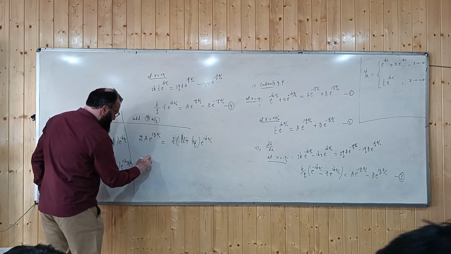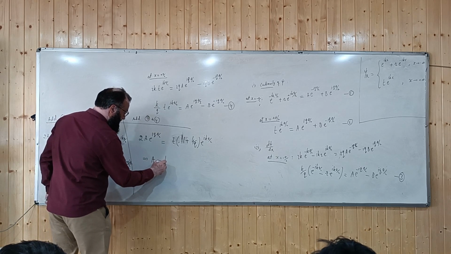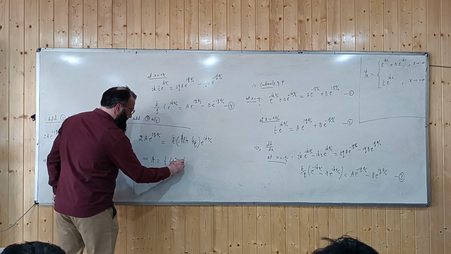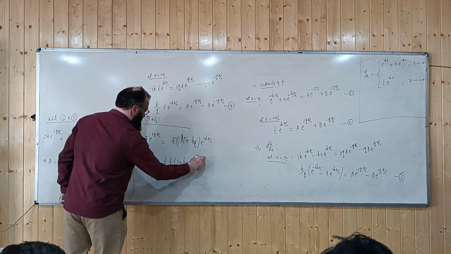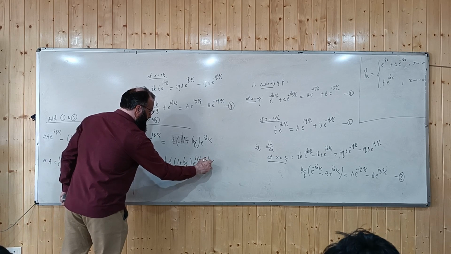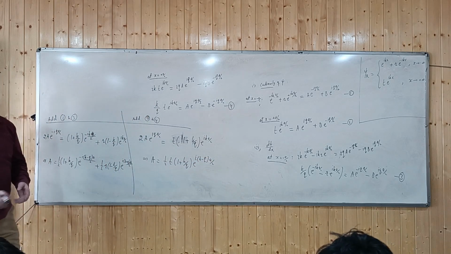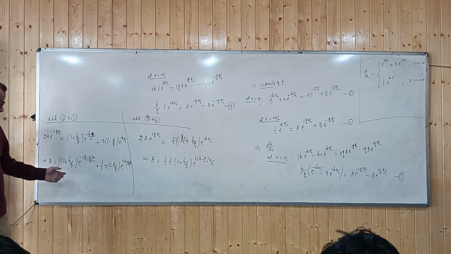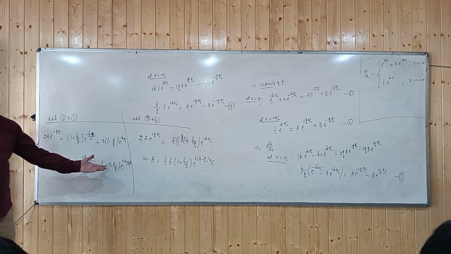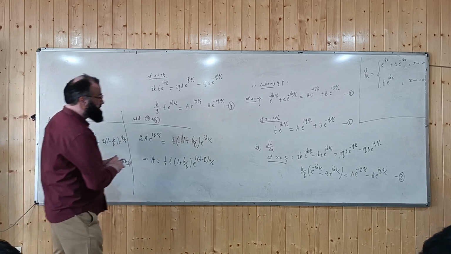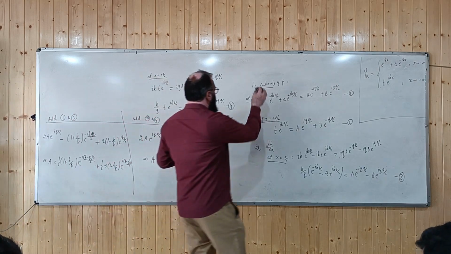So what is A? It is half T into 1 plus k by q e raised to i k minus q a by 2. Got it? So now you have the value of A here and the value of A here, so both must be the same.